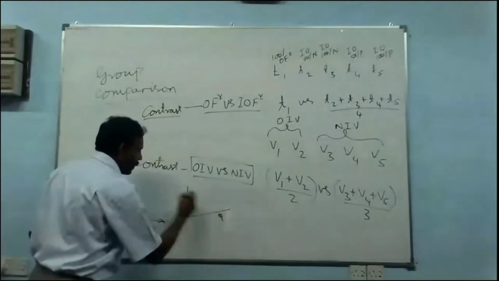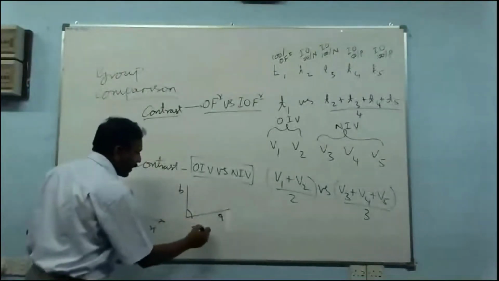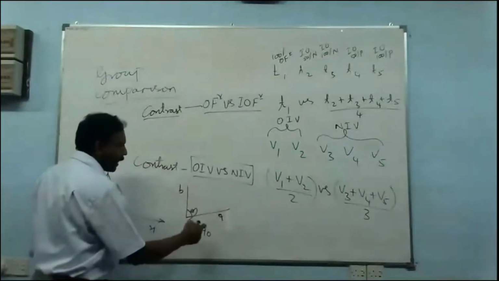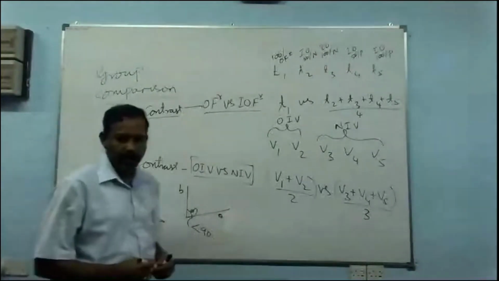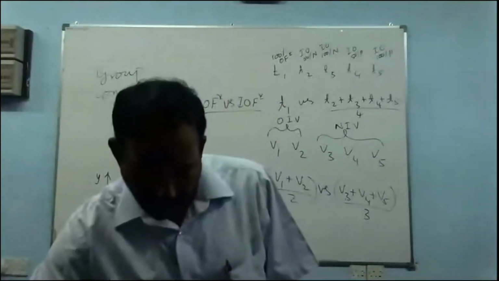Let's say A, this is B. This is not 90 degrees, this is less than 90 degrees. So A is not orthogonal to B. That is what we call the orthogonal concept.